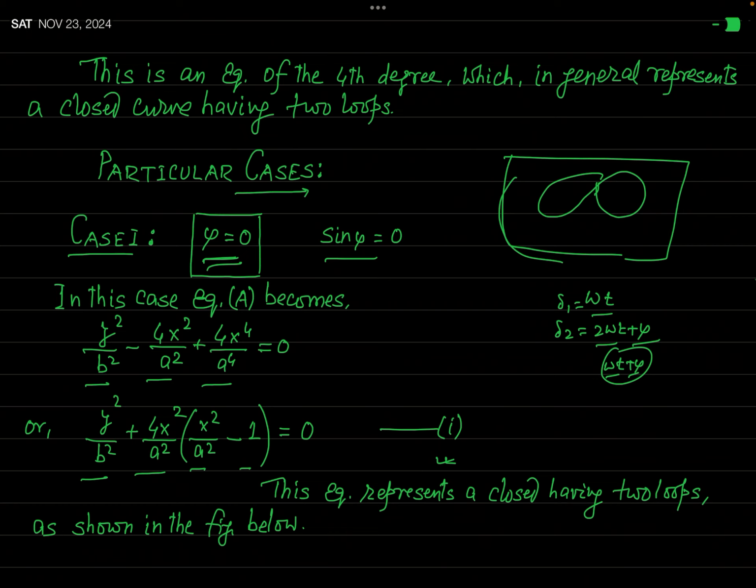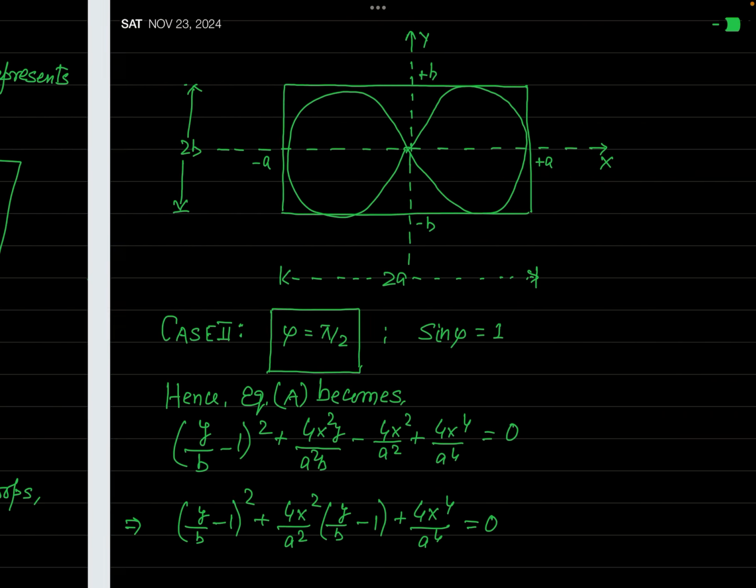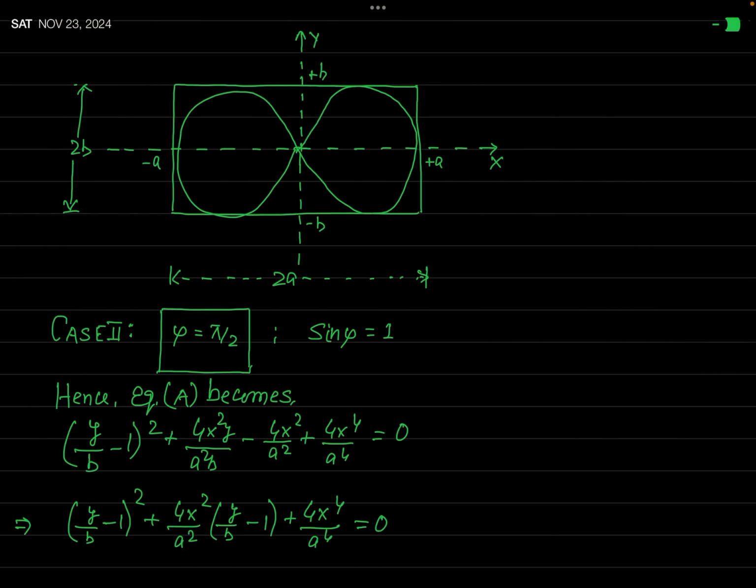Actually, when you get such an equation, this equation represents what type of curve? For this, you must have a concrete knowledge of coordinate geometry. When you study coordinate geometry for different curves, you find that this equation 1 represents a closed curve having two loops, as you can see in this figure.